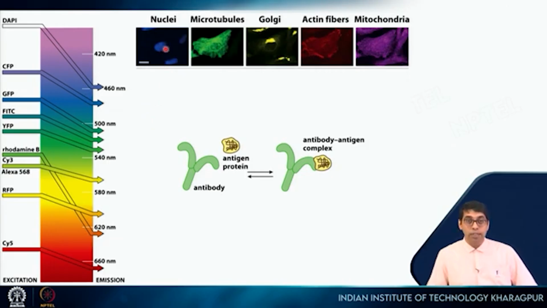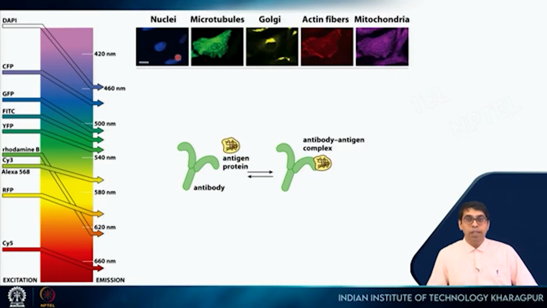Something that looks at the nuclei, something that binds to the microtubule, which is seen using green fluorescence, Golgi seen using yellow, actin fibers seen using red, and mitochondria seen using magenta, right.